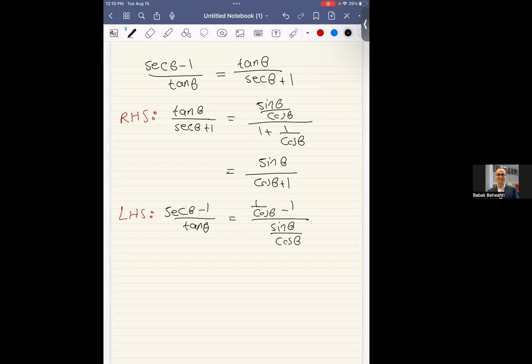But this would be equal to 1 minus cos theta divided by sine theta.